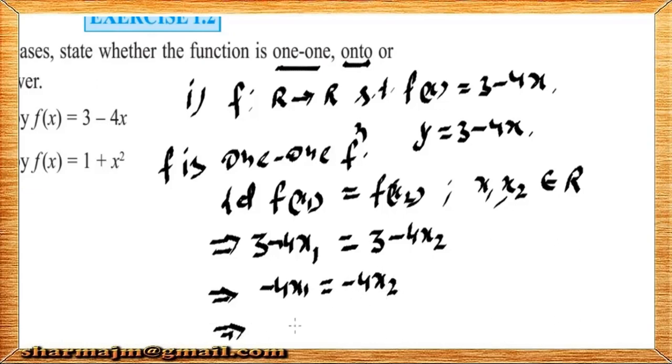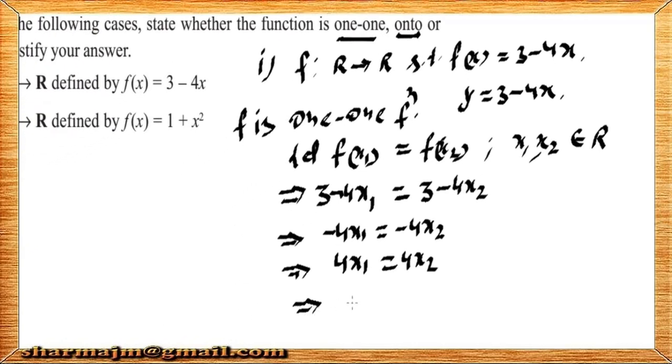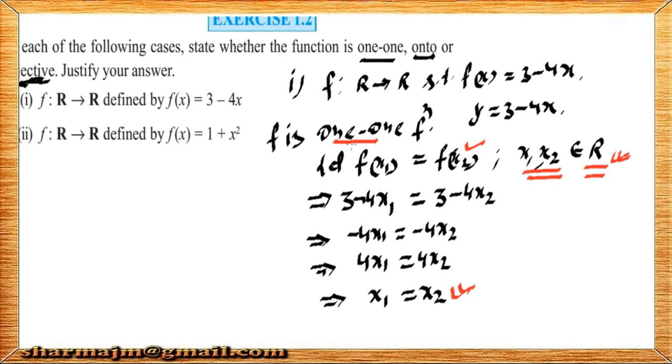Multiplying both sides by minus 1, we have 4x1 is equal to 4x2, which implies x1 is equal to x2. So we observe f of x1 equal to f of x2, then x1 equal to x2, and that is true for all x1, x2 in domain. So this function is 1-1.